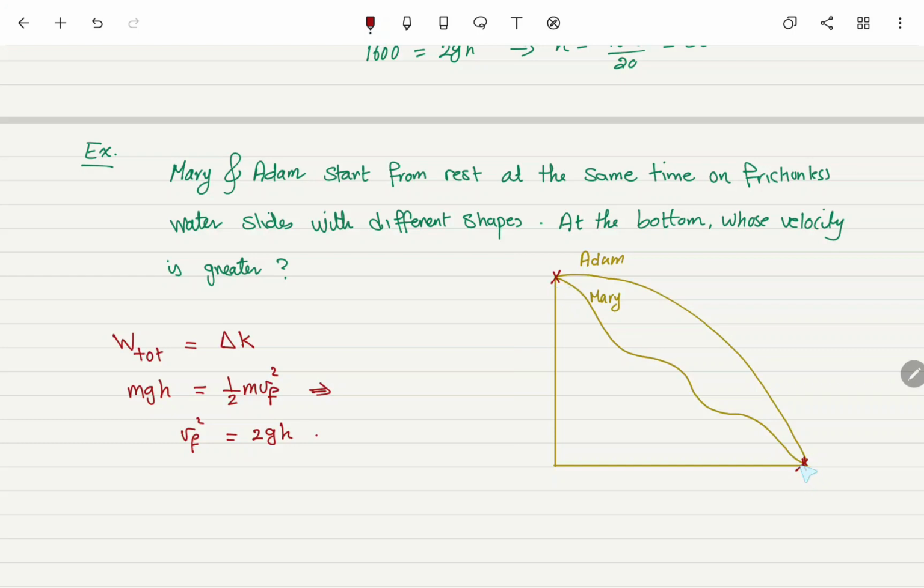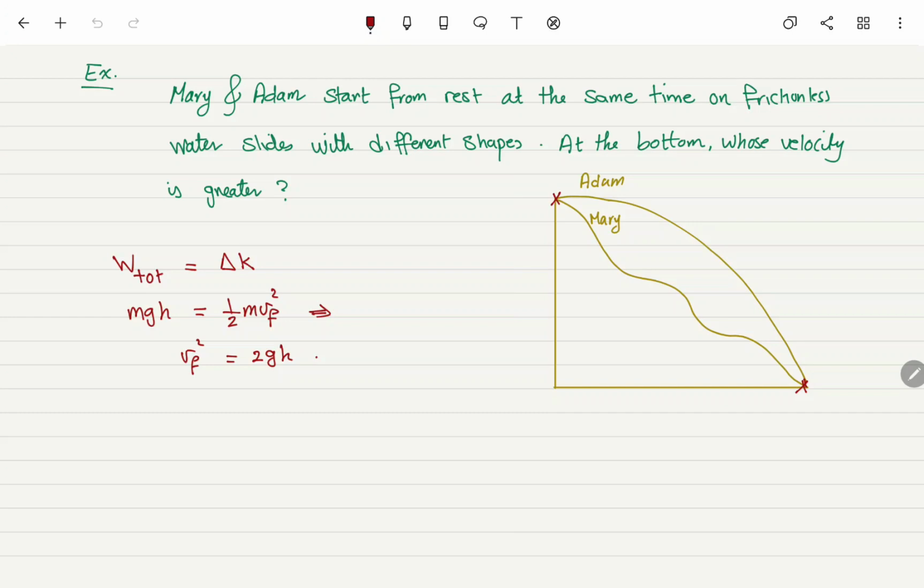So to answer this question, both Mary and Adam will have the same speed right at the bottom of this track. It doesn't matter the track shape or how long the track is, as long as they both start from the same point and end up at the same point.